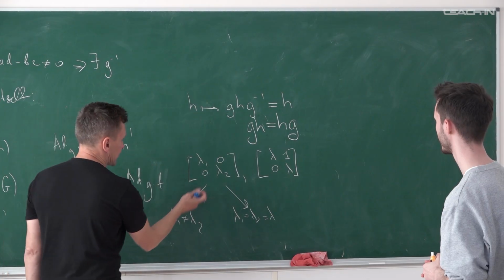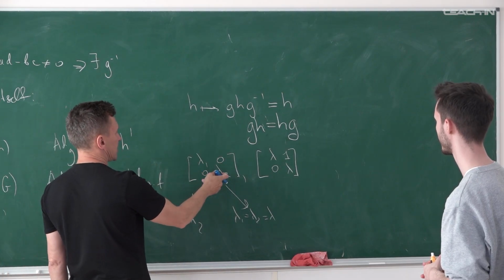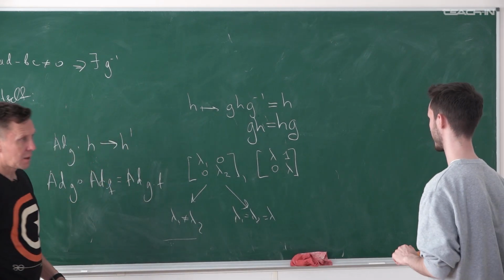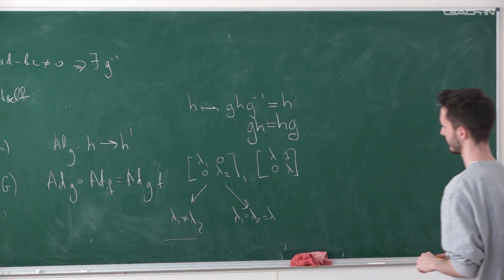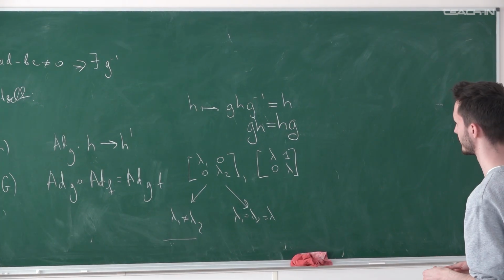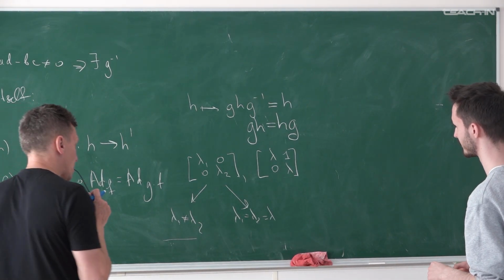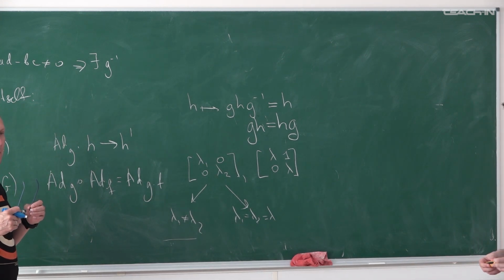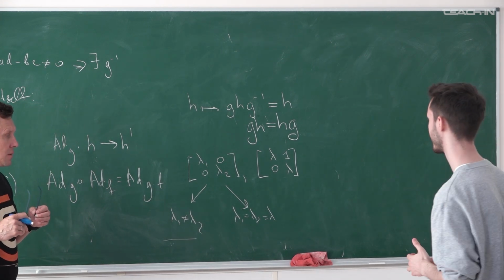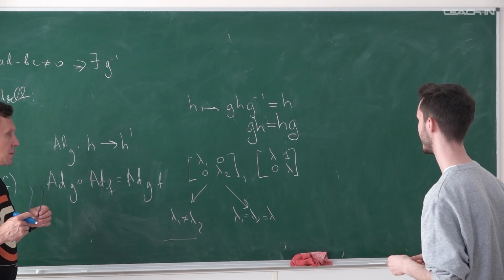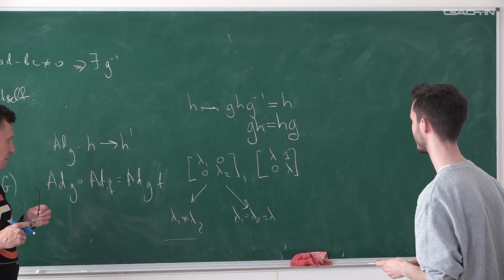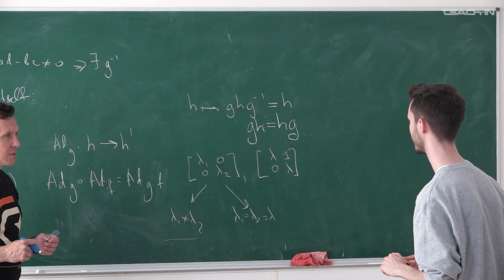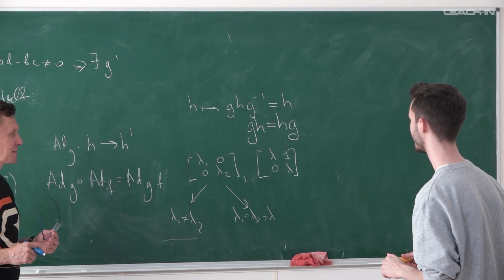What is the stabilizer of the element which lives in such an orbit? So it's definitely the identity matrix, and maybe some other things. How to describe all of them? It's an important question. Let us give the exact answer.